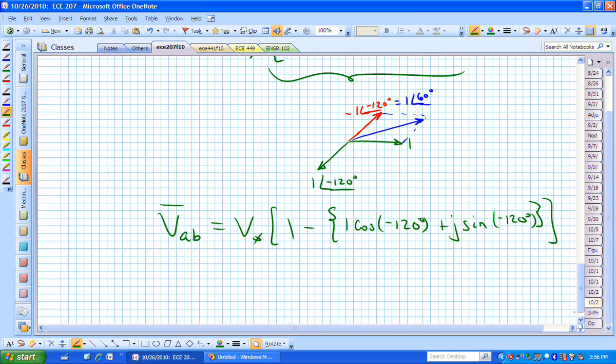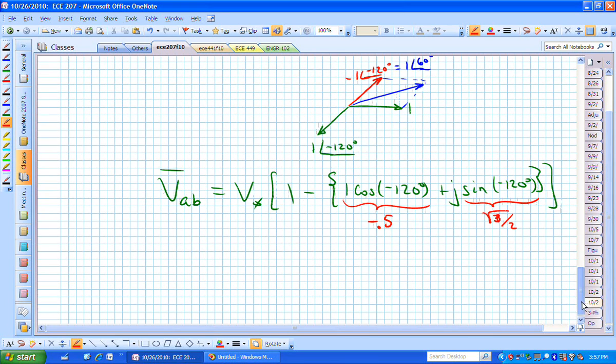That's a half. So this piece, actually it's minus 1/2. It's left of the origin. It's now minus 1/2. And this piece is square root of 3 over 2, the 0.866, or the 0.867. Meaning we now have V sub phi times 1.5 minus j square root of 3 over 2.